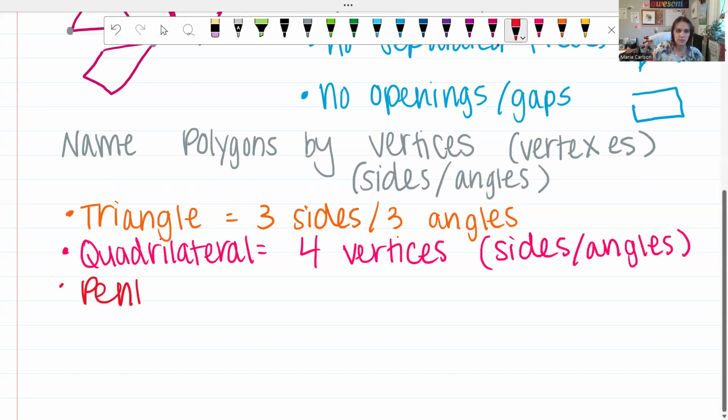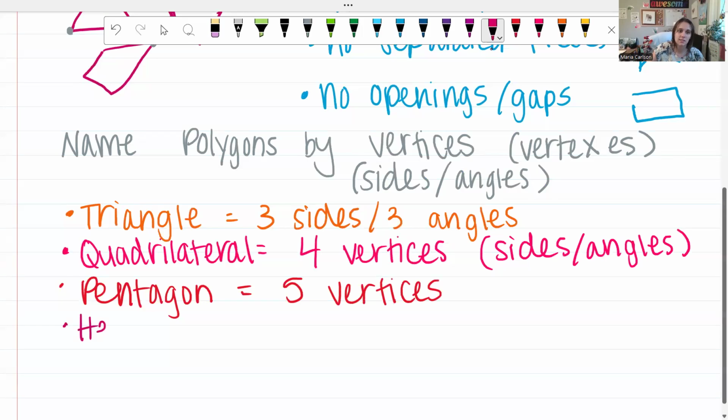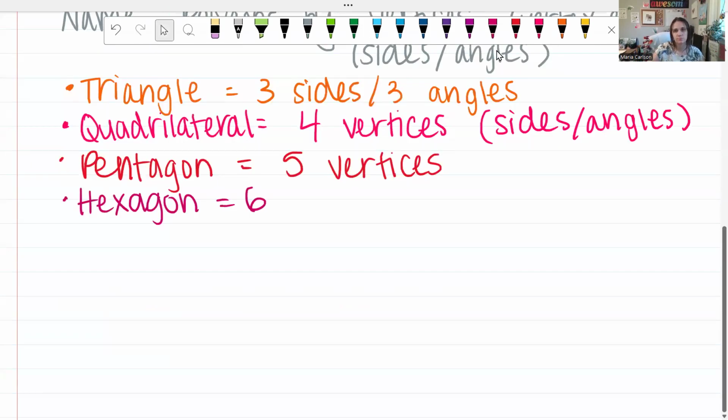A pentagon has five vertices. A hexagon has six. A heptagon has seven.